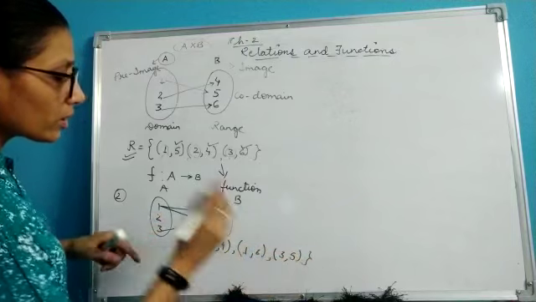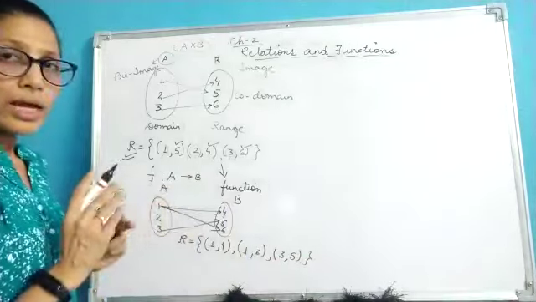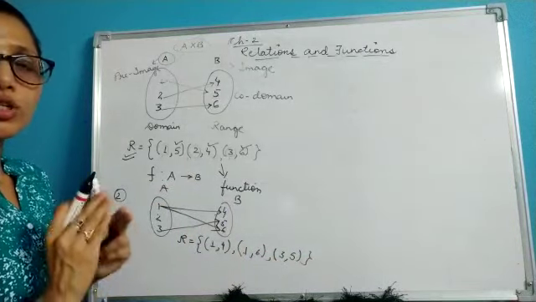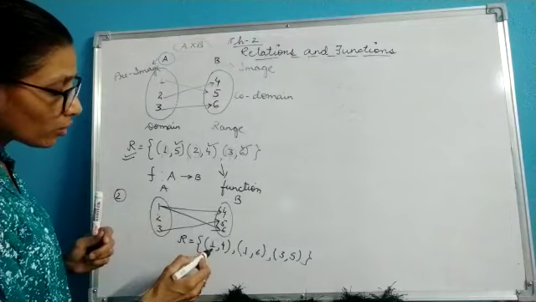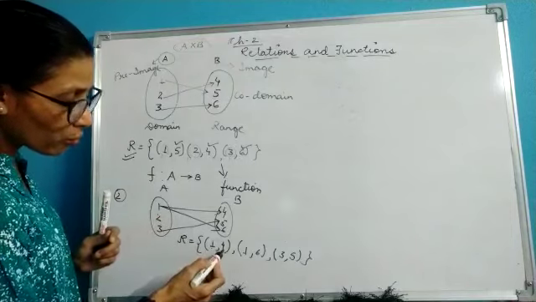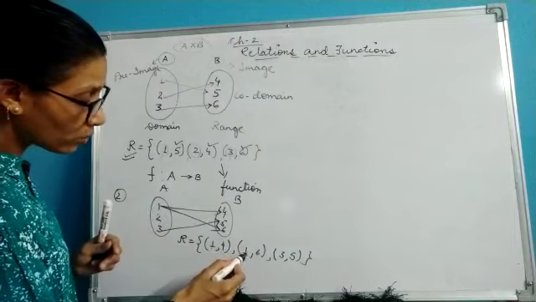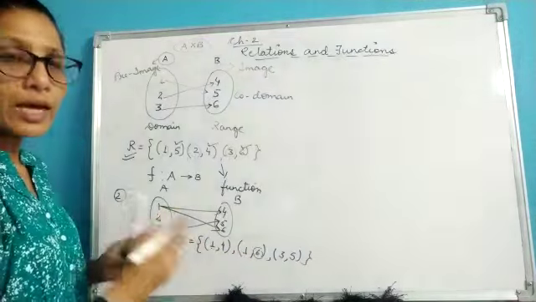So children, look here. As I told you, in function you should have a unique image in set B, but here 1 is having 4 as its image and 1 also has 6 as its image.